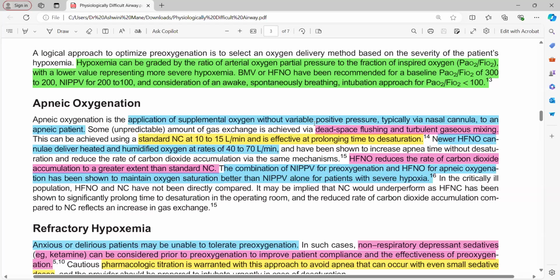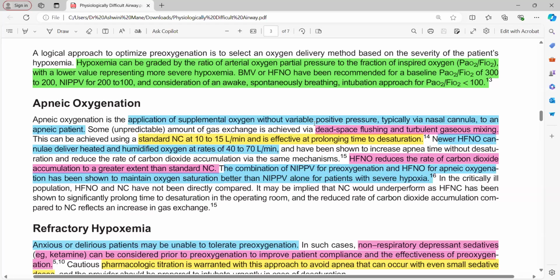We can achieve this by using a standard nasal cannula at 10 to 15 liters per minute, and it is effective at prolonging the time to desaturation. We can also use the newer high flow oxygenation devices which deliver heated and humidified oxygen at a rate of 40 to 70 liters per minute.